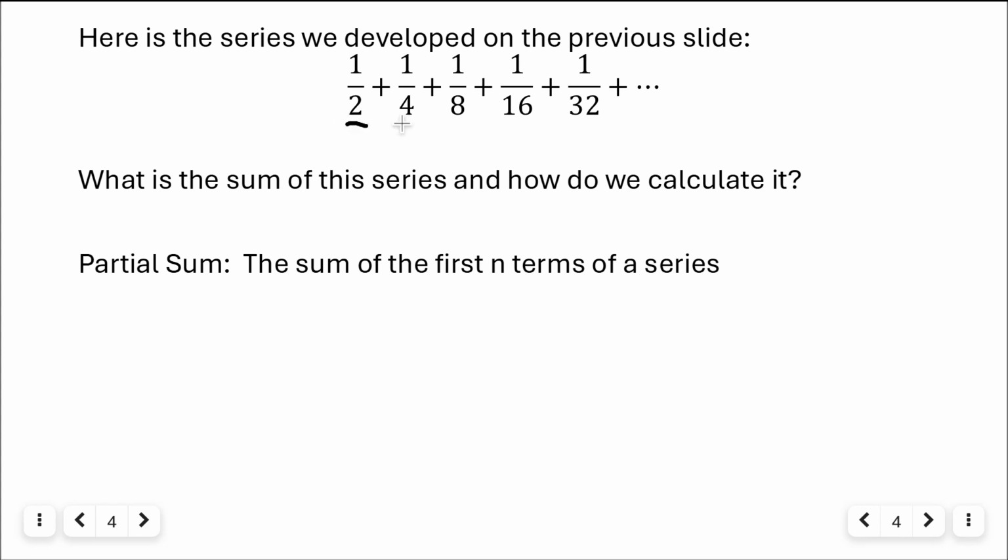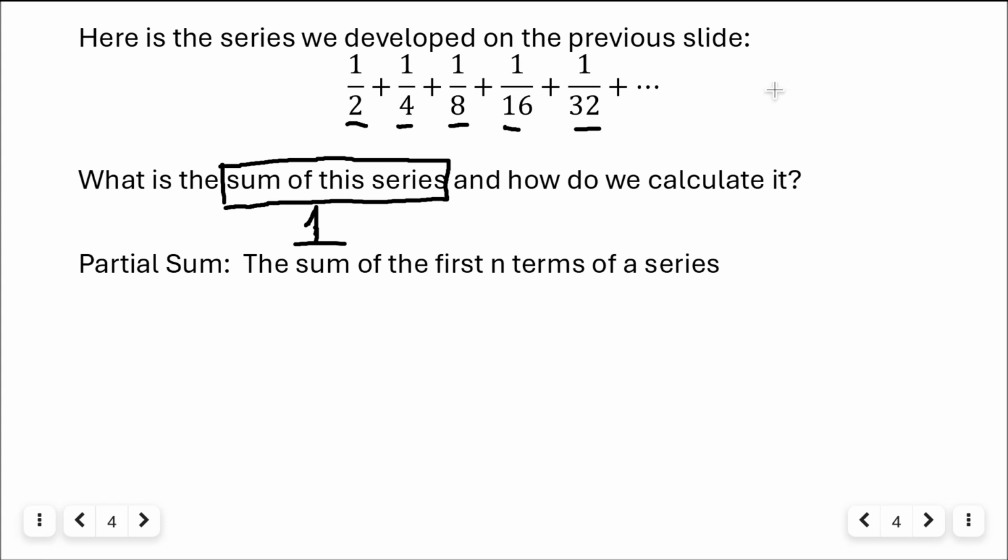Take 1/2 plus 1/4 plus 1/8 plus 1/16 plus 1/32, plus we keep going. So it certainly looks like if I were to ask you what is the sum of this series, the sum of the series would be 1, right? If I added all of these together forever, eventually I'd get one shaded in slide.